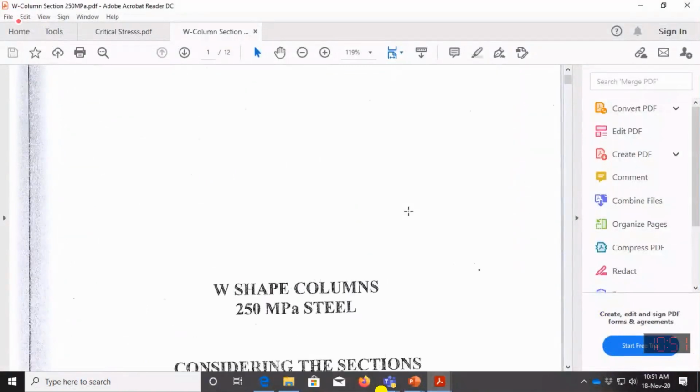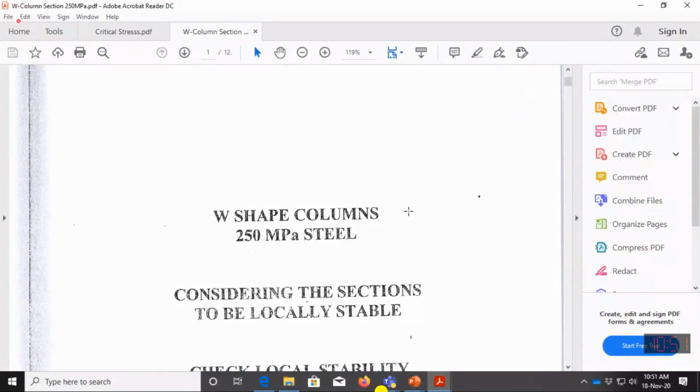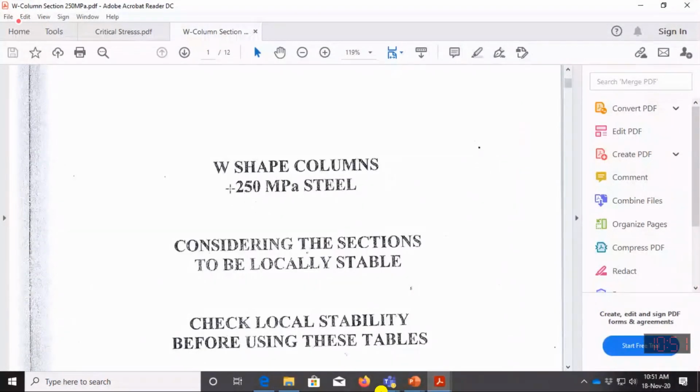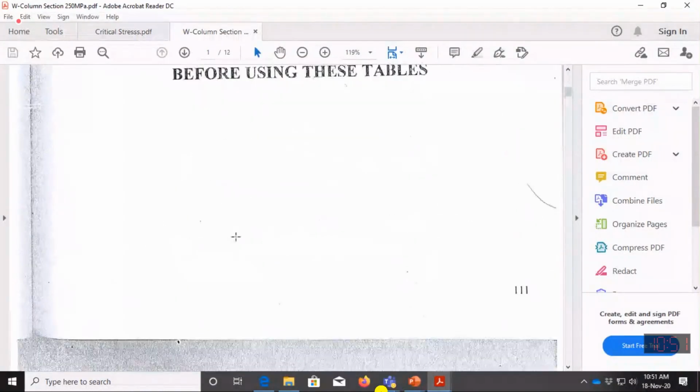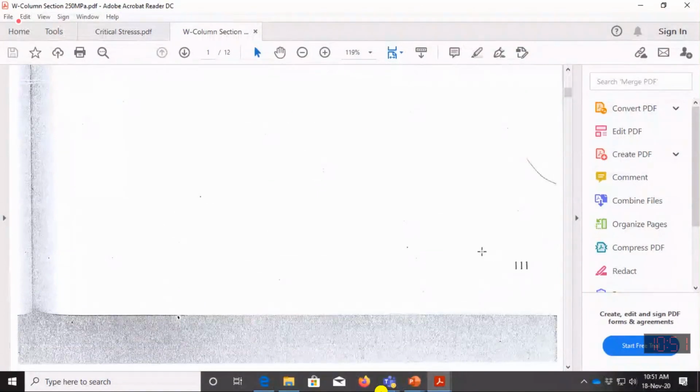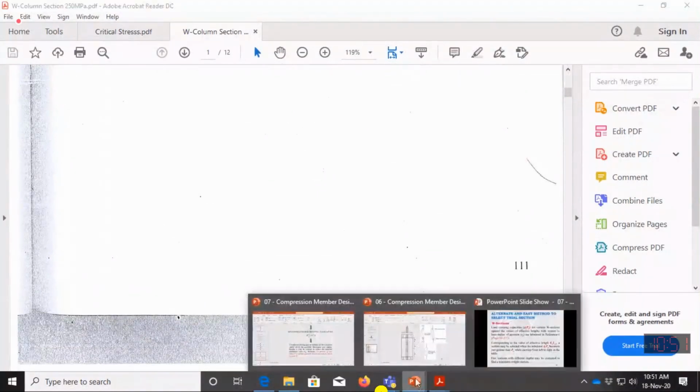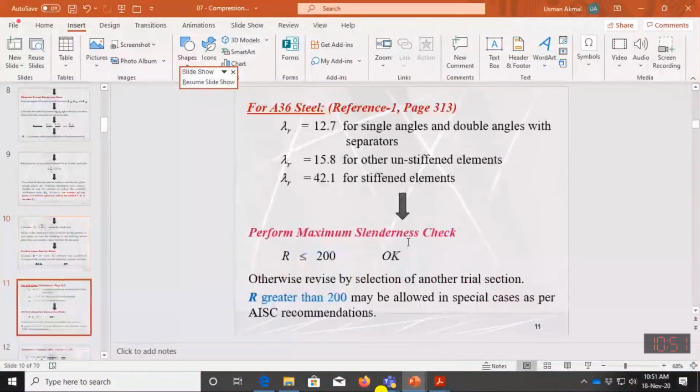In your LRFD design aid, along with section properties table, you are provided with W-shaped column section, or a table for the selection of column section for W-shape or wide flange. So these tables are provided from page number 111 onward, just like I have mentioned.